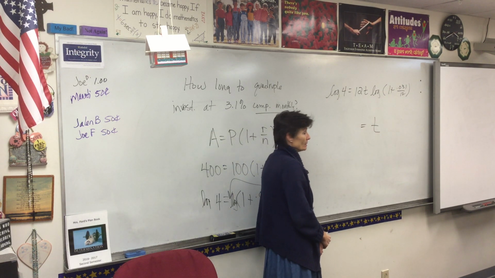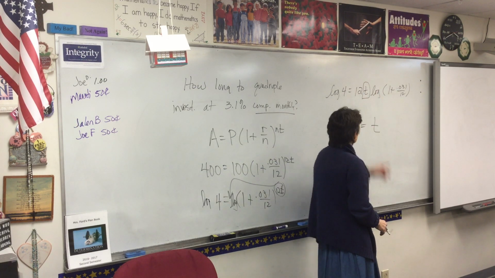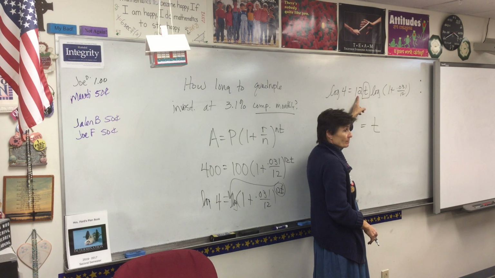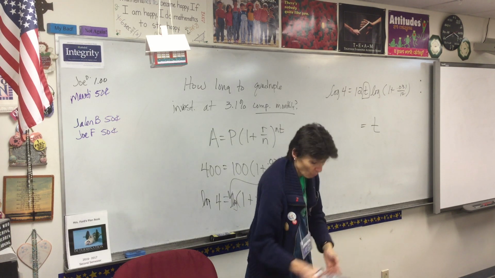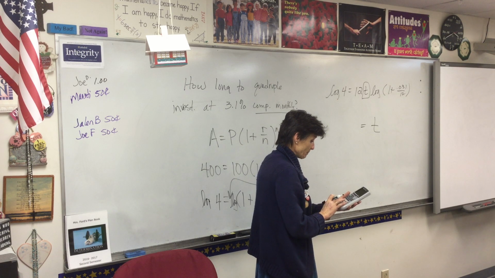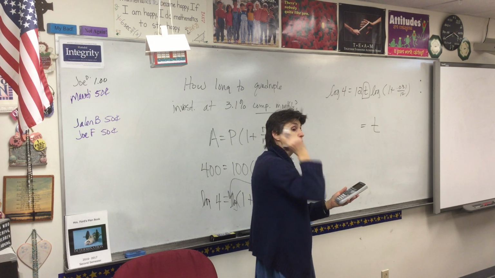So just like every equation you've ever solved, if you want to get t by itself, you're going to have to get rid of this number. So we'll divide by 12. I'm going to take the log of 4 on my calculator and divide it by 12. So I have 0.050.